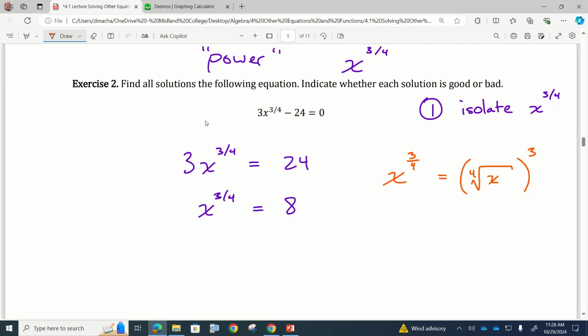So if I've got a 3/4 exponent, the 3 is just a power, but the 4 tells you to take the 4th root of x and then raise it to the 3rd power.